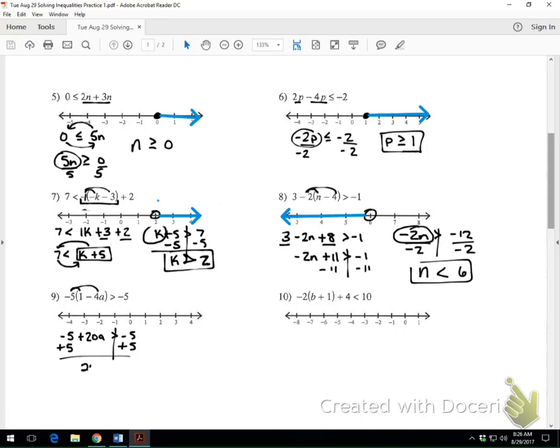So I get 20a is greater than 0. Divide by 20. And you get a and 0, right? Now, was the number in front of a negative? No, so your sign stays the same. Open or closed? Open, shade to the right.